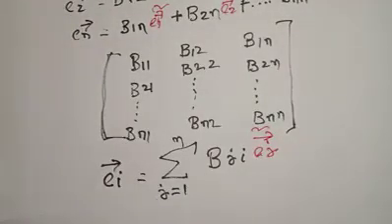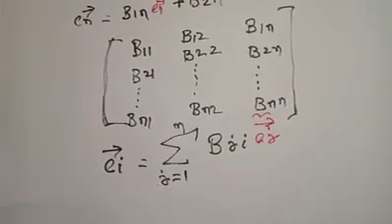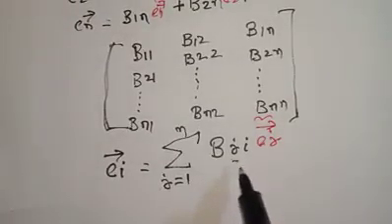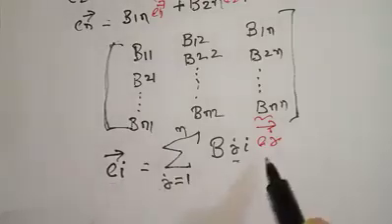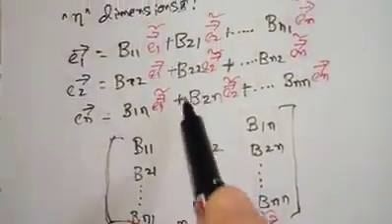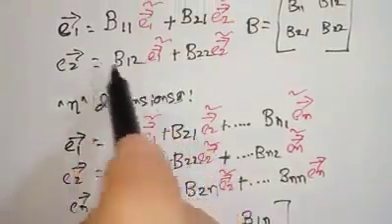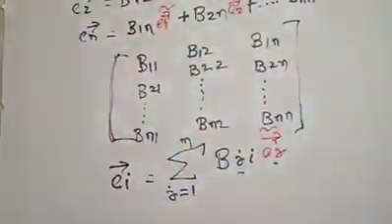So to sum up, the bji tells how much of ej, this one, will end up in ei, right?